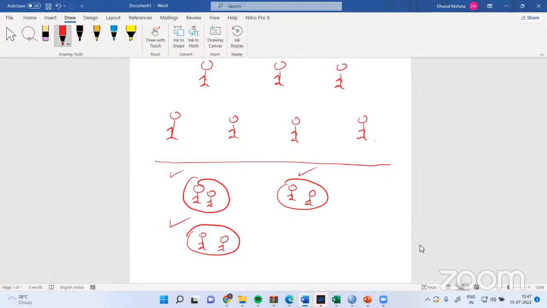On what basis will these groups be formed? Similar characteristics. They must be sharing some common virtues, and on that basis they have formed the group. Do you agree? Yes, sir.